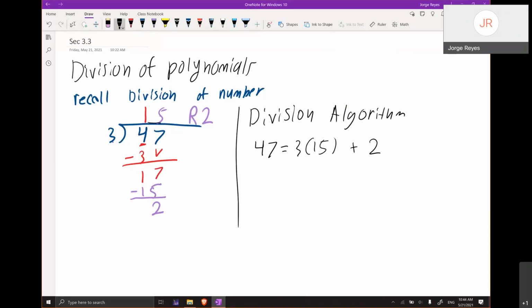So you have your divisor, quotient, plus remainder.